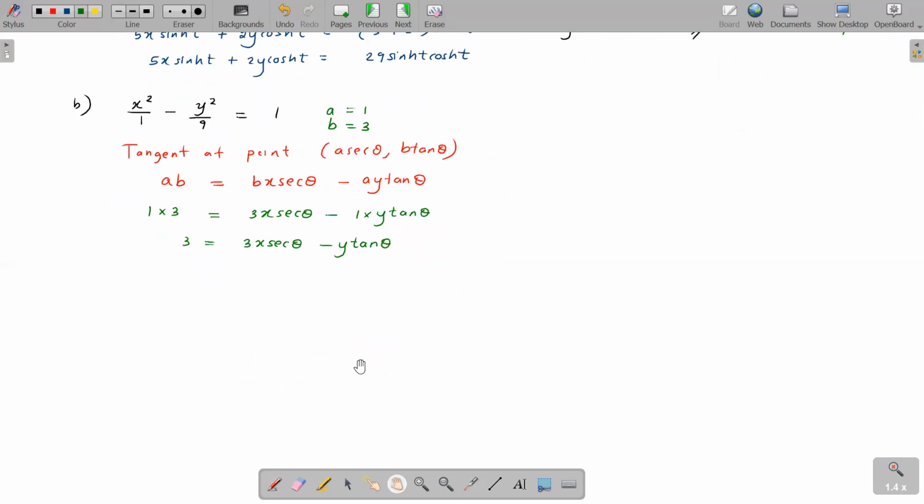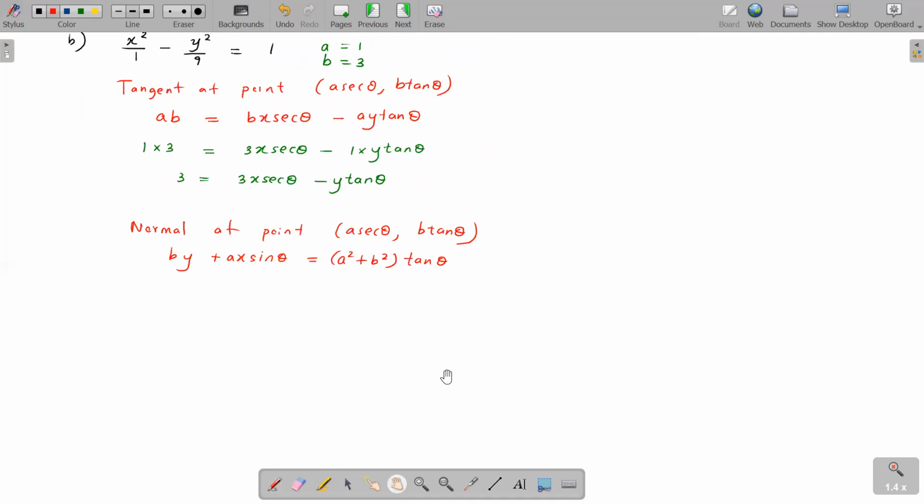Okay, then the next one is, can I know the tangent, the normal at point a sec theta, b tan theta? What was the format we used? by plus ax sine theta equals a square plus b square tan theta.